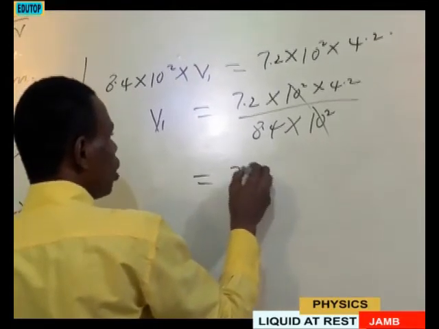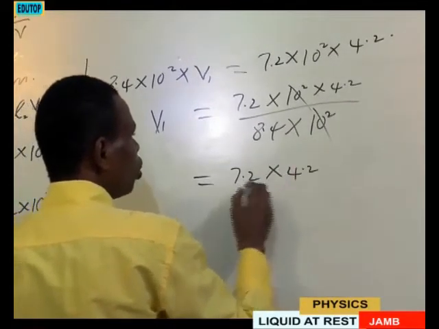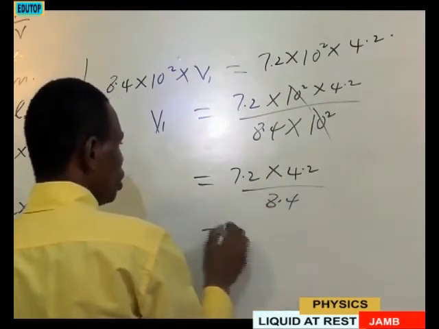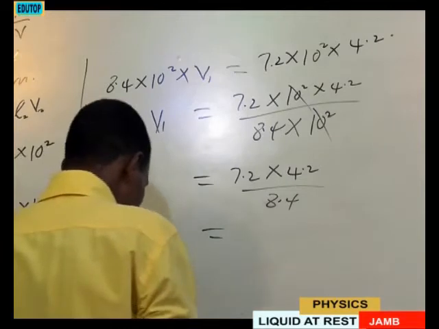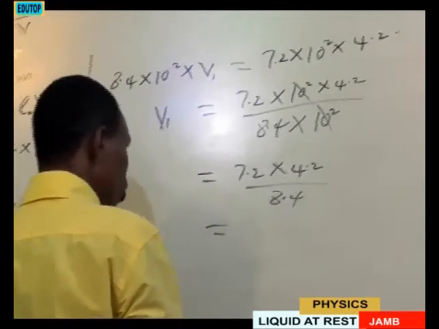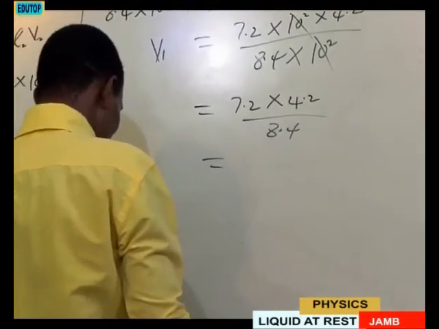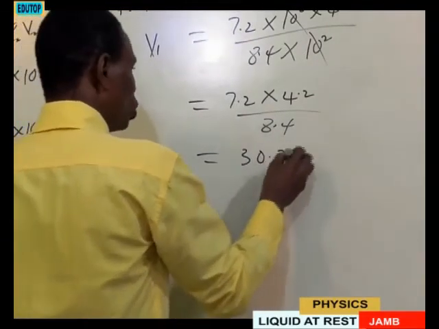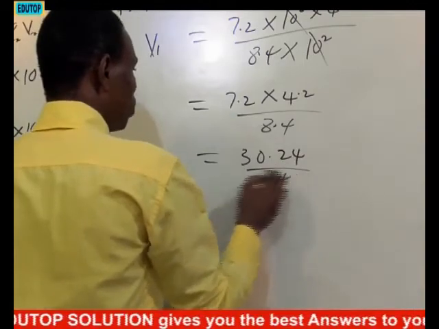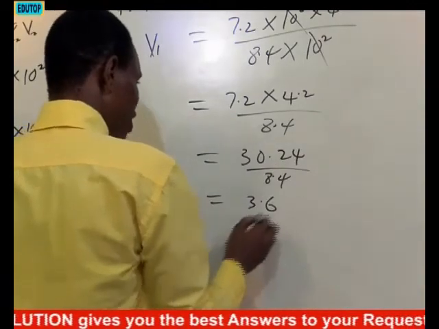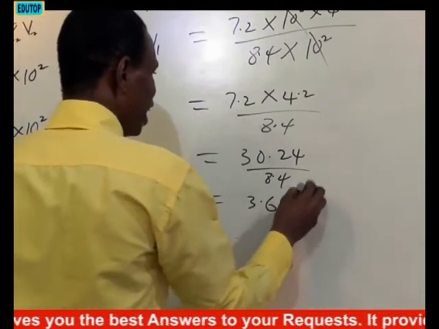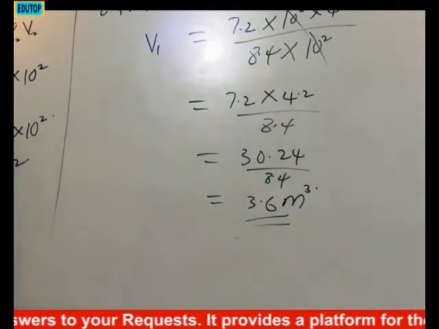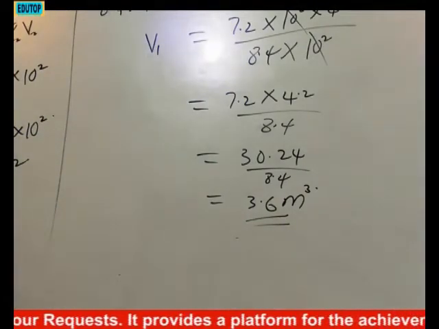What we are having next is 7.2 times 4.2 over 8.4. Let's take it one by one. Let's multiply 7.2 by 4.2. We have 30.24 divided by 8.4. That is 3.6 meter cube, and that will be the volume of the alcohol.